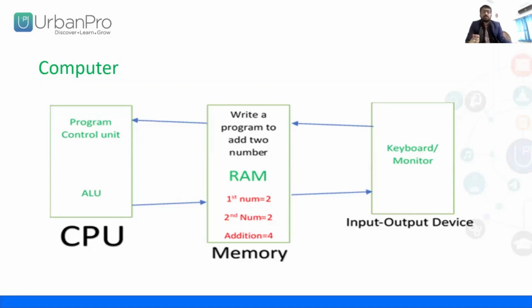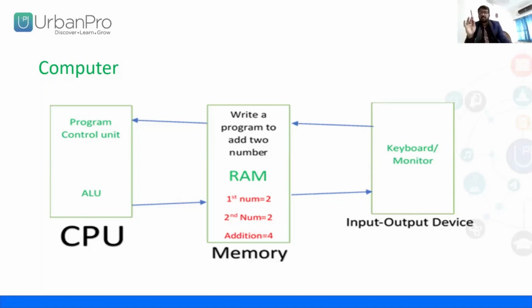So to add two numbers, we have written a program. It's there in RAM, and it passes to the CPU. Here it is not wireless, since we have used the buses. We have used the bus to transfer the data from one device to another device. So I have not given the dotted line between memory and the central processing unit.